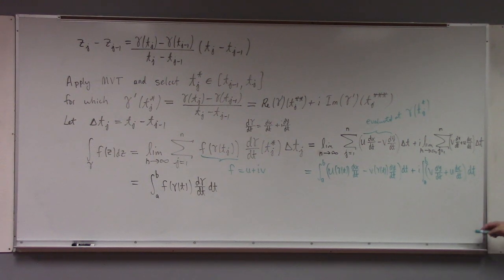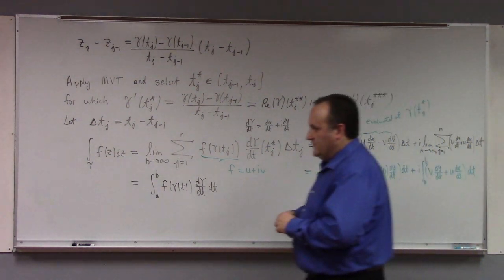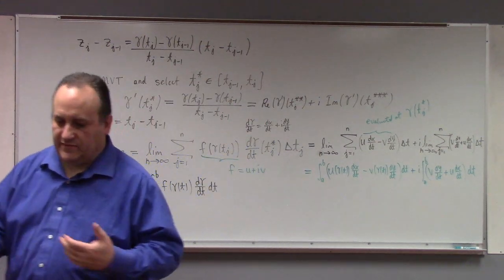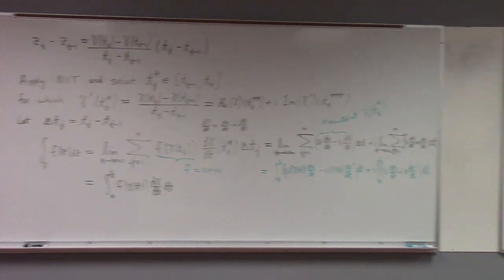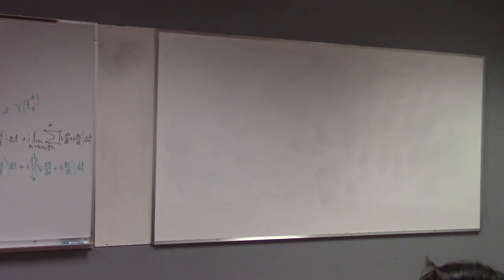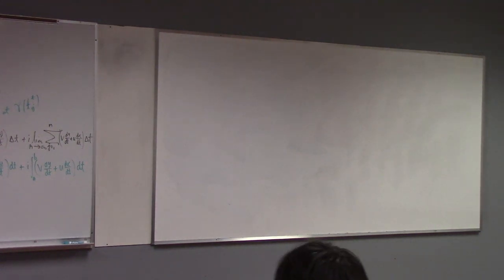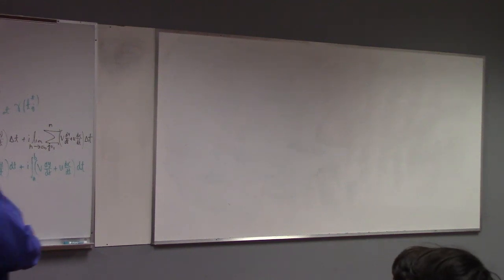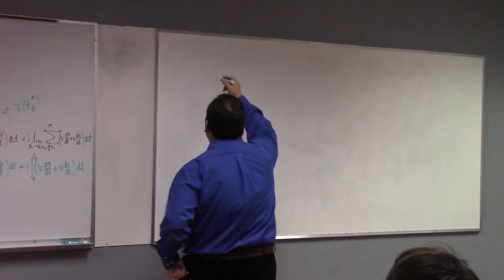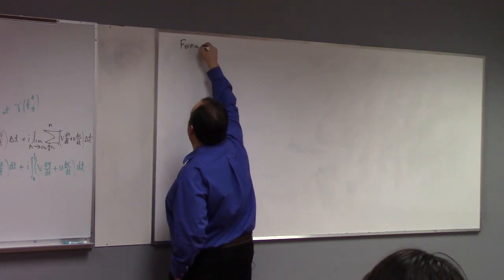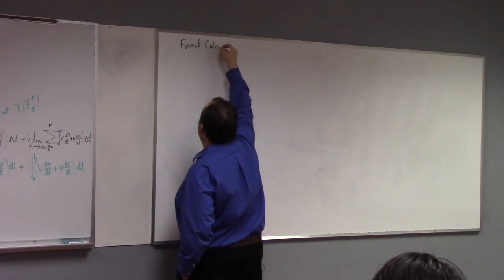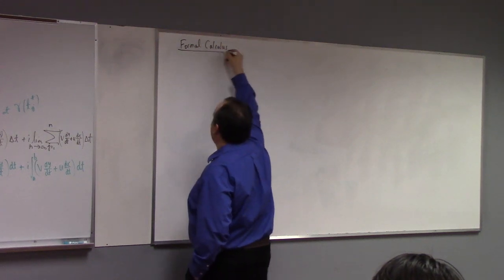But let me just point out to you what all this means. As is often the case in complex analysis, if we just follow the notation where it leads us, it's kind of the most dumb and obvious thing possible. What could it possibly mean, right? Let's just look at this formal calculus. And the formal calculus will rediscover what we just derived by Riemann sums and all that.